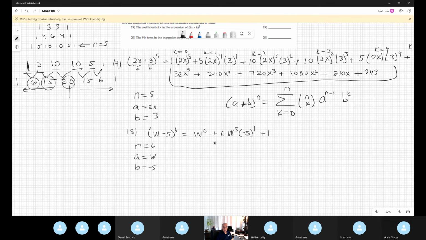The next coefficient is W4 and minus S squared. Don't forget to double check it. 4 plus 2 is 6, 5 plus 1 is 6, and 6 plus 0 is 6. What's the next? The next is 20. 20 W3 minus S cubic. 3 plus 3 is 6. Let me continue, but down.